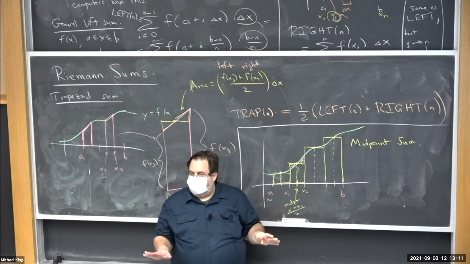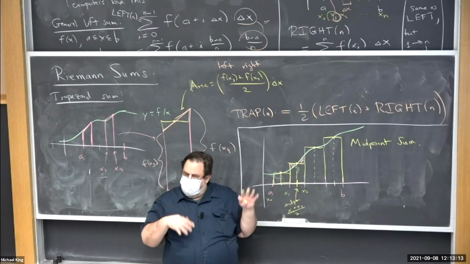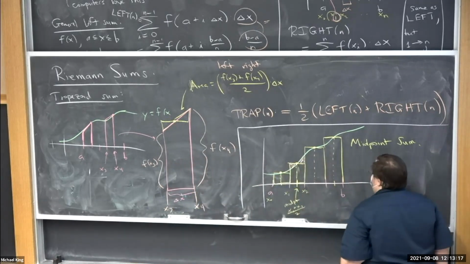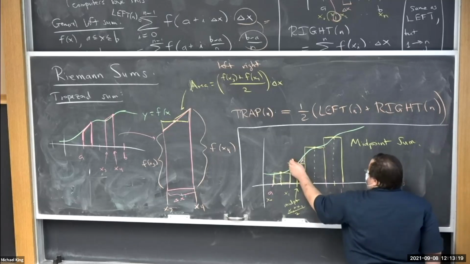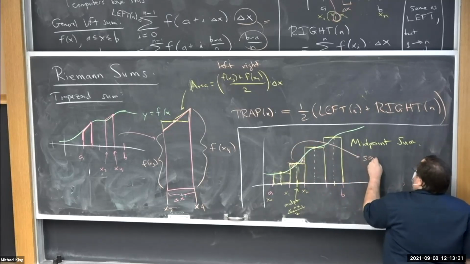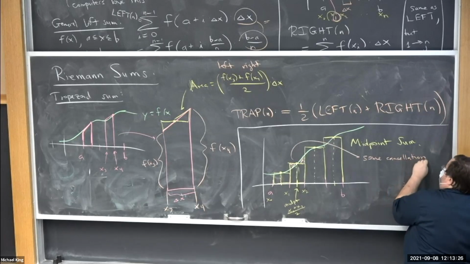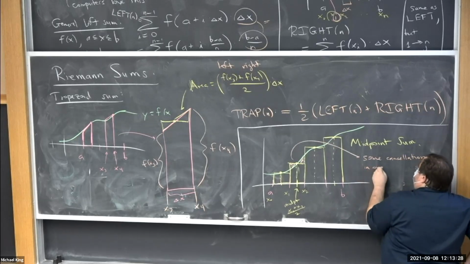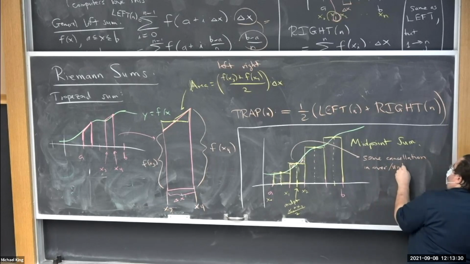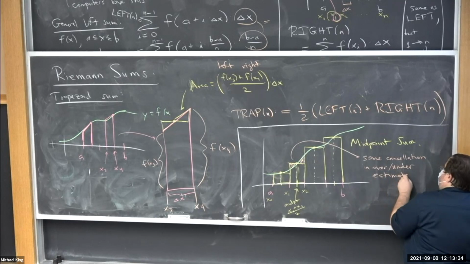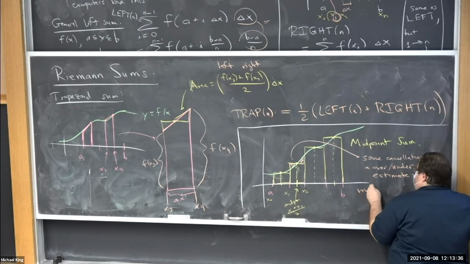Not perfectly, but they cancel out some. So there's some cancellation in the overestimates and the underestimates that makes this a good approximation.